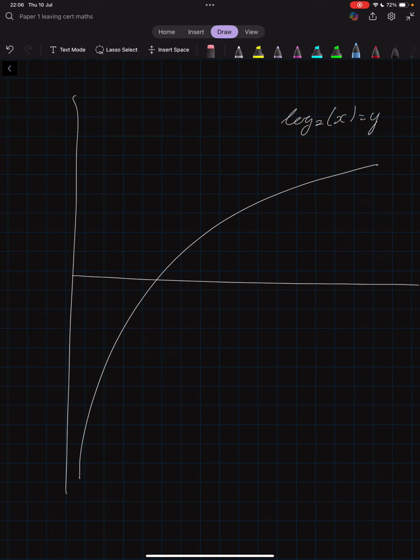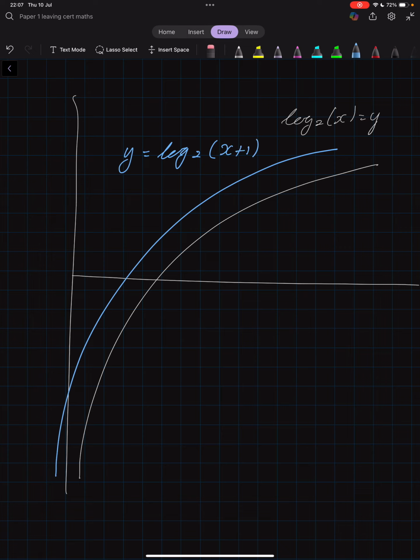If I add 1, it'll move to the left by 1, where this would be y equals log to the base 2 of (x plus 1). Okay, so again, if you add it, it'll move to the left.